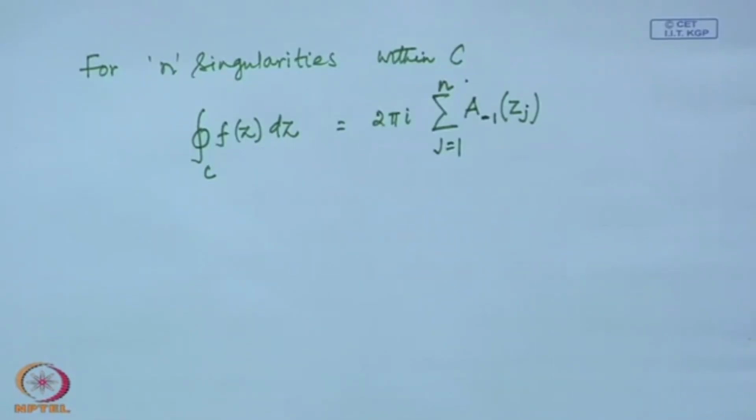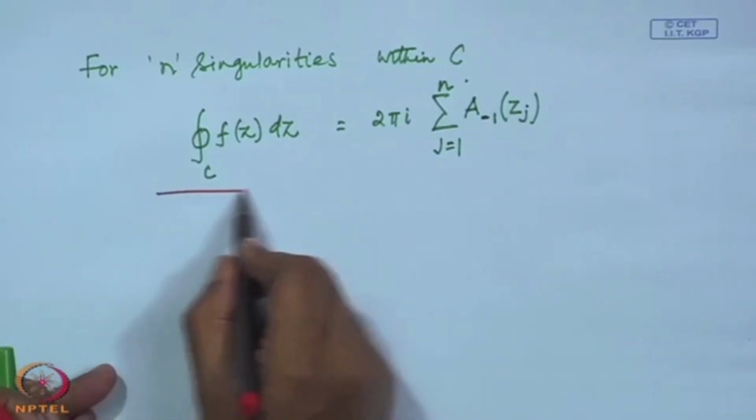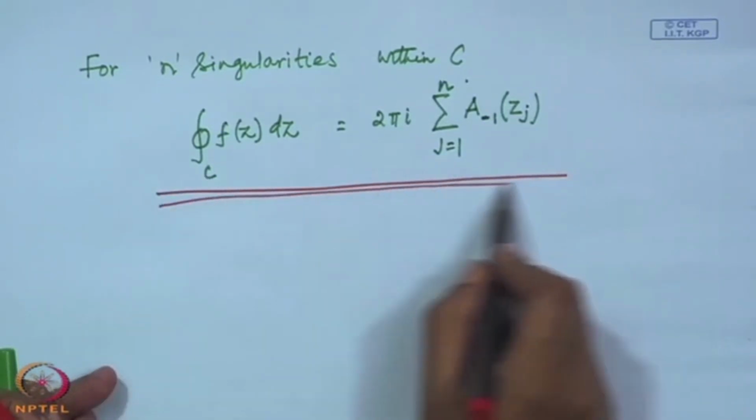This is again the most general form of the residue theorem, when you have n number of singularities within the domain of definition.